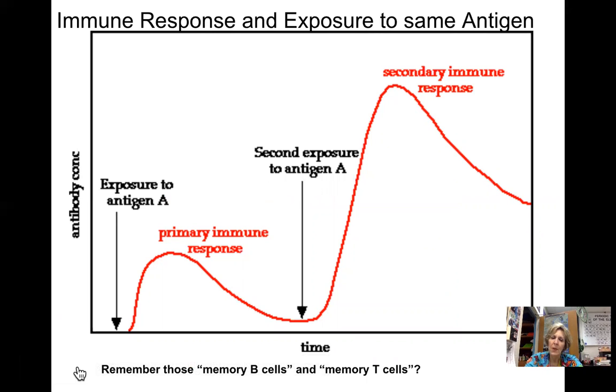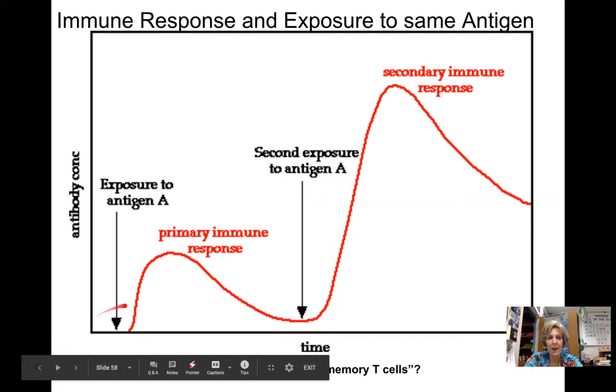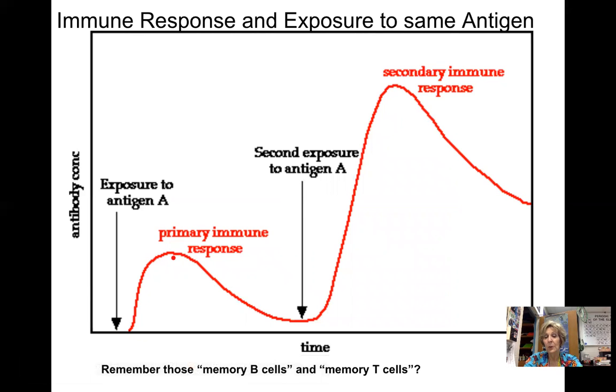So what is immunity? Do you remember those memory B cells and memory T cells that we talked about? Those are what we're talking about here. The first time you're exposed to an antigen, your immune response takes a little bit of time to get going, right? So all of those specific pathways we talked about have a little bit of time to get going. But once they get going, they're going to mount a response.